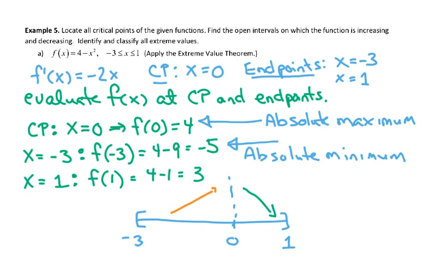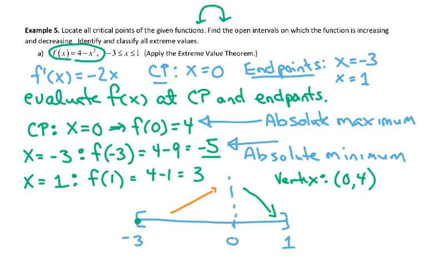So you're looking at a parabola that opens downwards. The critical point at 0, this was the vertex. The vertex occurs at 0 and it has a y value of 4. And then the absolute minimum was over here at negative 3 and was equal to negative 5.